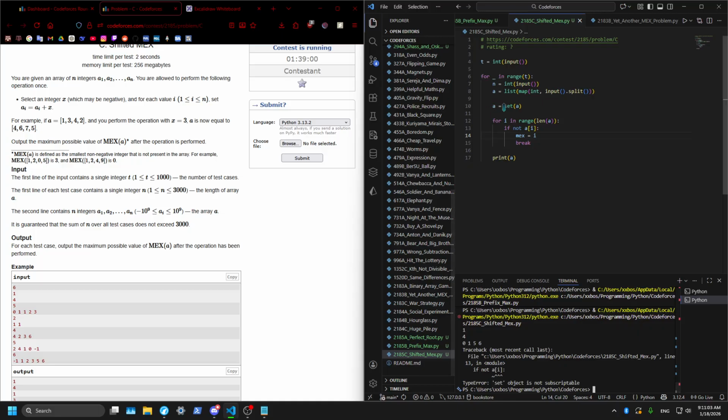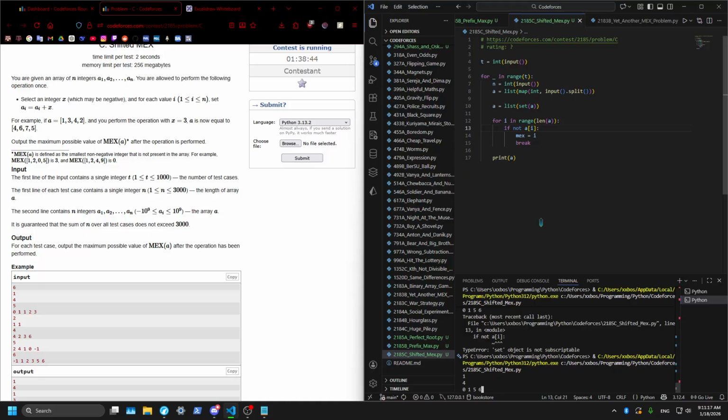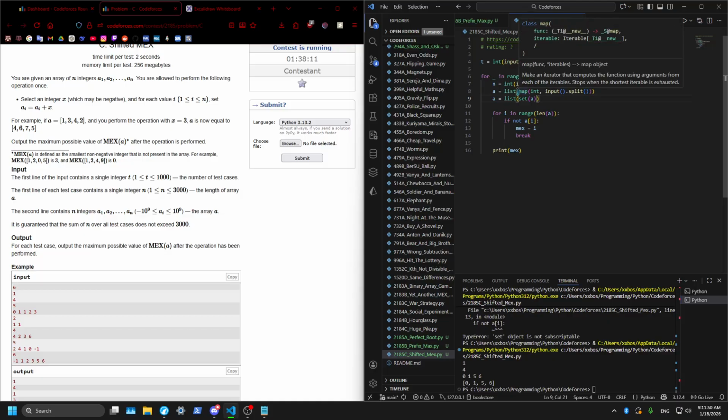Set not scriptable list. Print max. Let's do this. How can we simplify this?